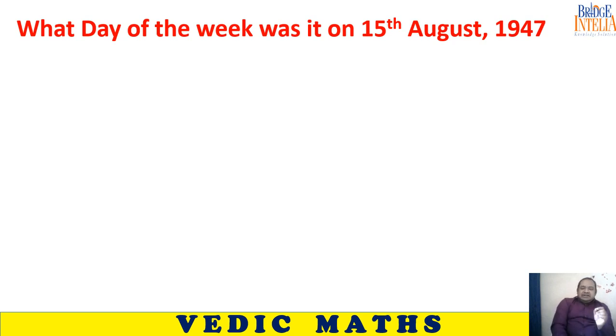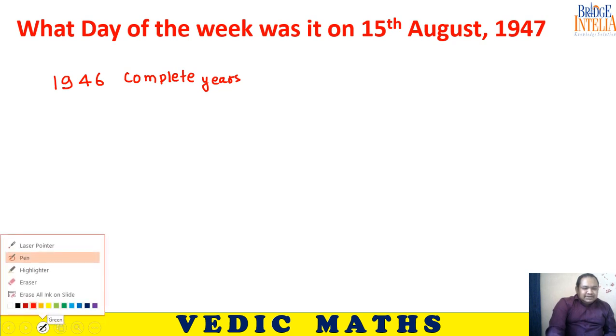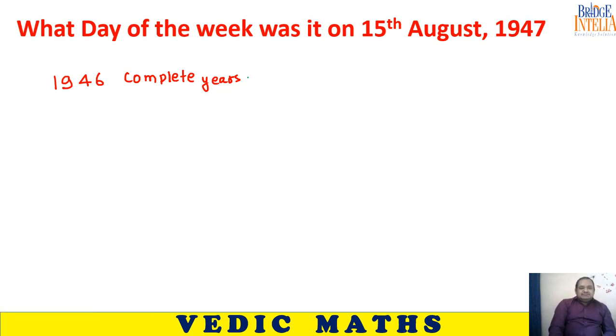So 1947, 15th August, your counting has to stop. That means till now, 1946 complete years have gone by. And the year 1947 is currently running. That should be our mathematics.